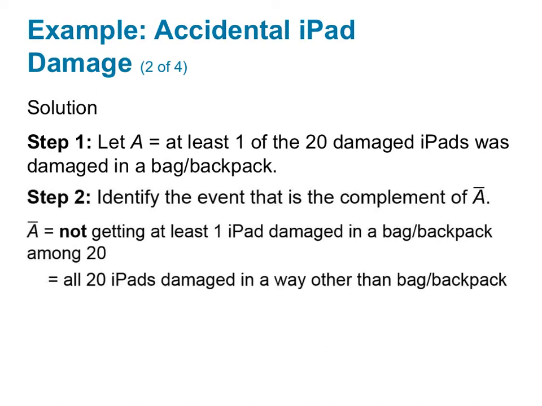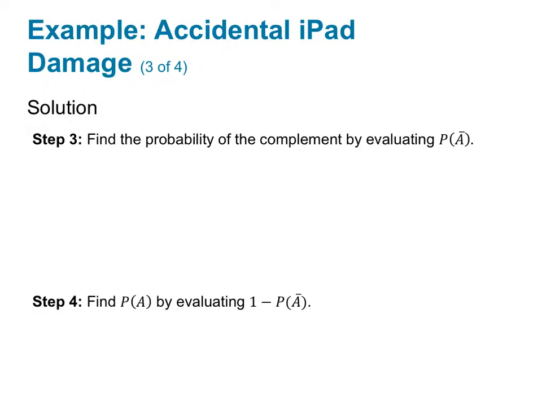The first thing we're going to do is let A be at least one of the 20 damaged iPads was damaged in a bag or a backpack. Our second step is to identify the event that is the complement of A. A complement is not getting at least one iPad damaged in a bag or backpack among the 20. So we have all 20 iPads damaged in a way other than a bag or backpack. Let's look at this solution. We're evaluating the probability of the complement.